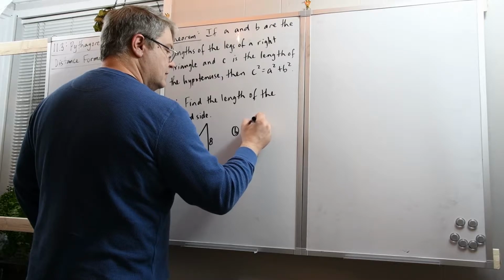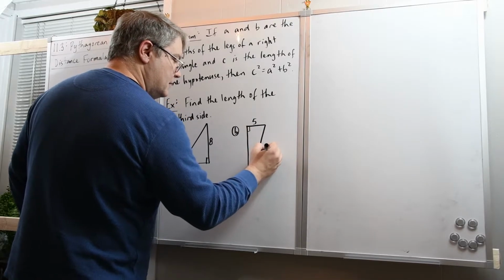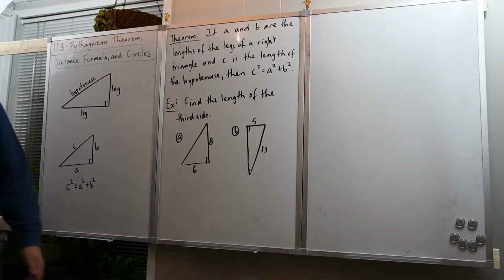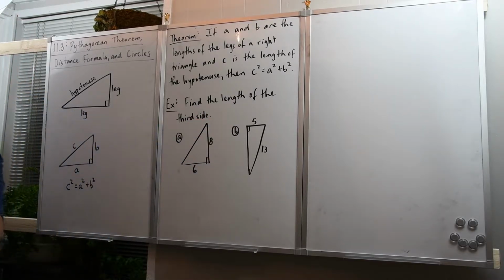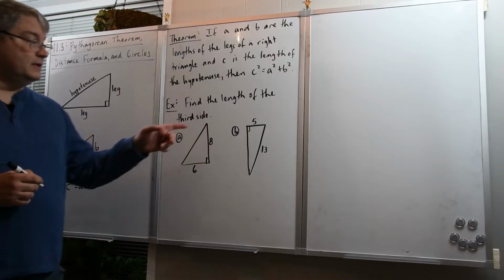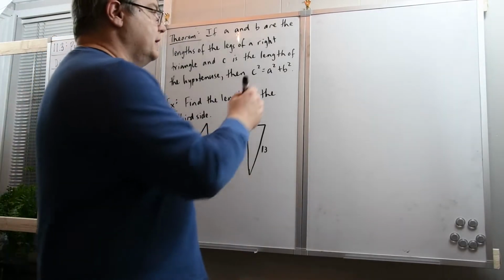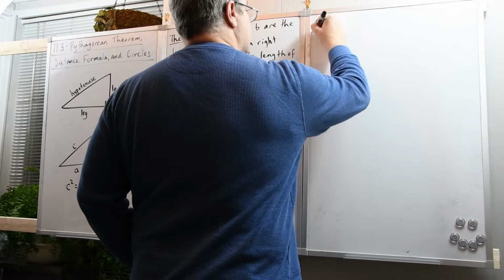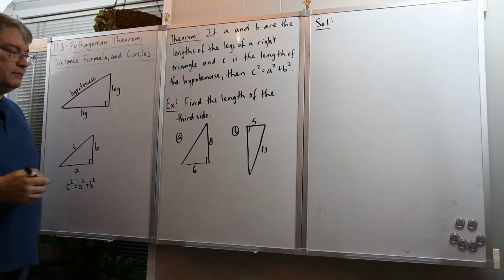Maybe this side has length 5, this side has length 13, and we want to figure out the length of that third side yet again. Both of these examples are examples of right triangles.